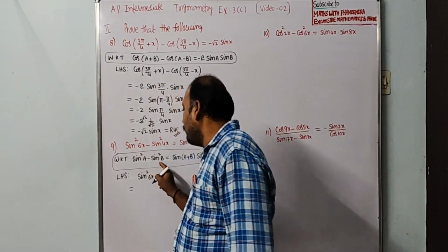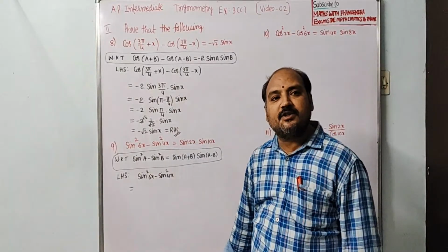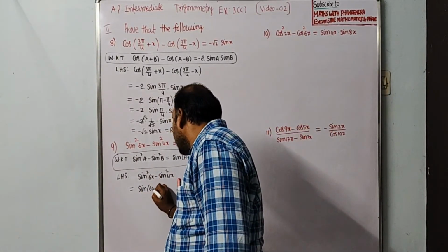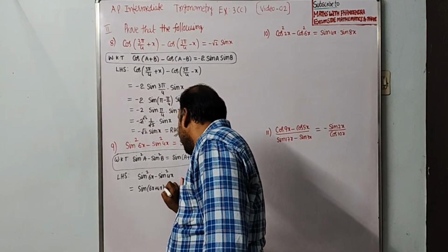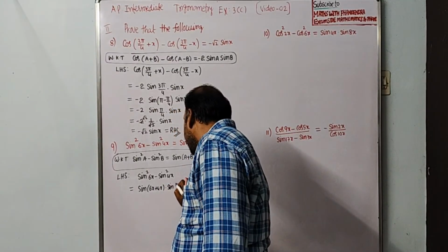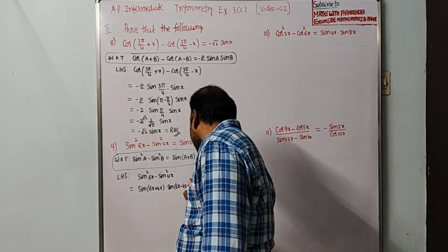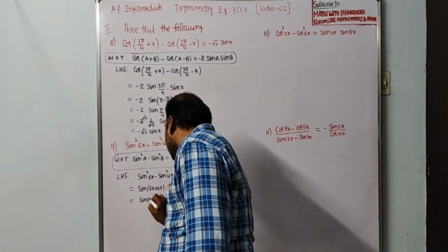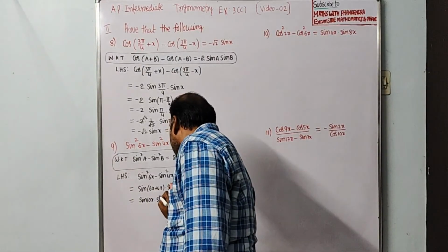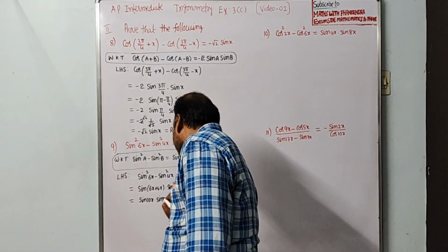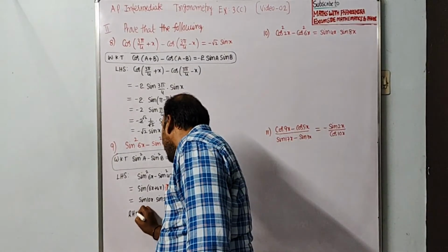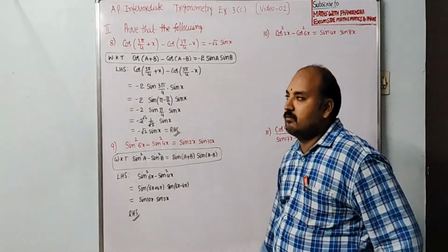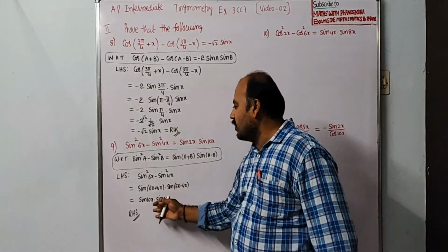It is in the form of sine square A minus sine square B. So we can write it as sine of 6x plus 4x into sine of 6x minus 4x. So which is equal to sine 10x into sine 2x, which is required RHS. This is the way we can. They are asking to prove this result only.